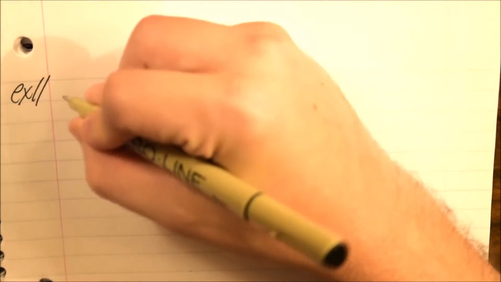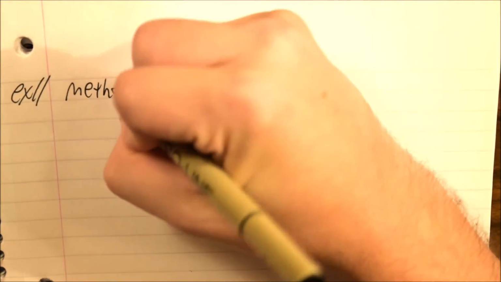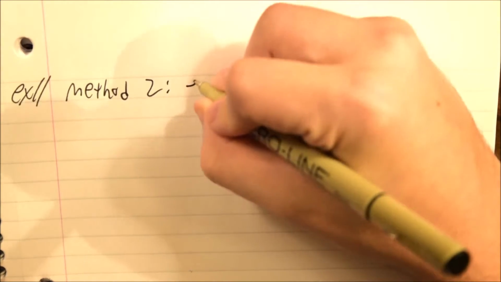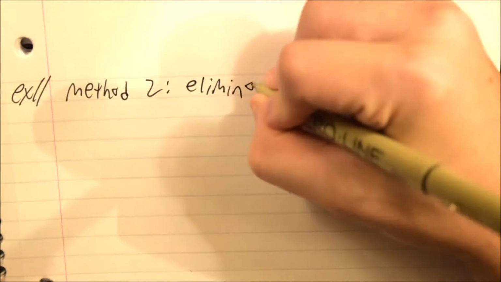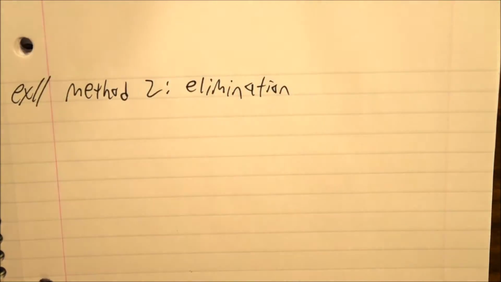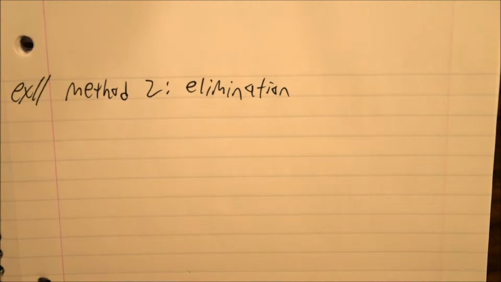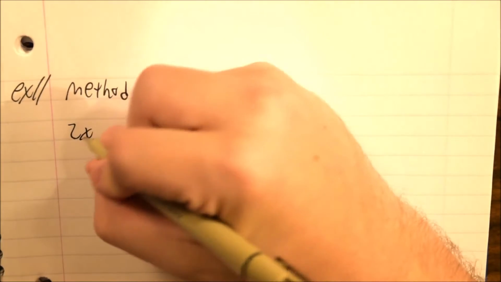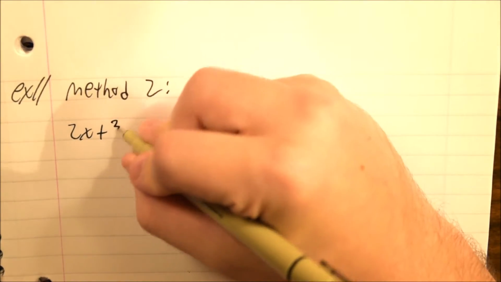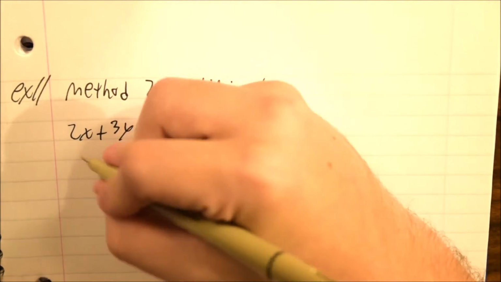Now we're going to look at method two, which is elimination. In some cases it's going to be better to solve a system using elimination or substitution, and I'll discuss that for this problem. What makes me want to use elimination here instead of substitution?